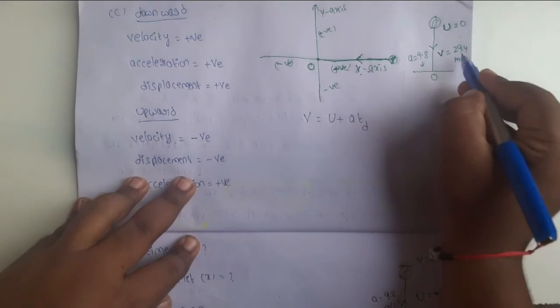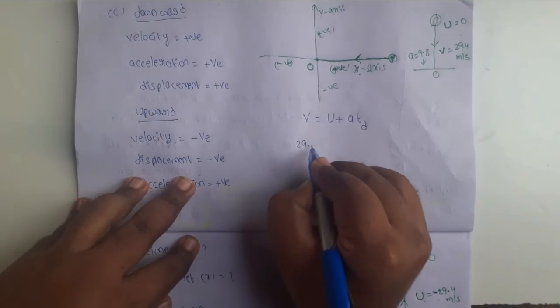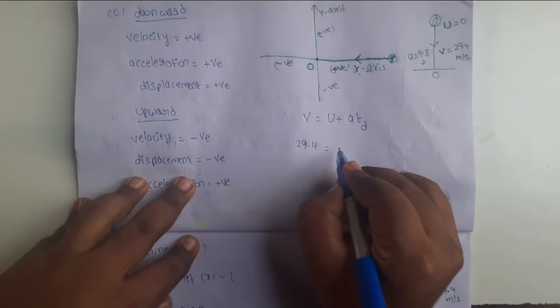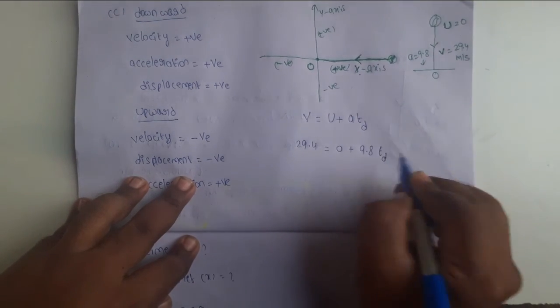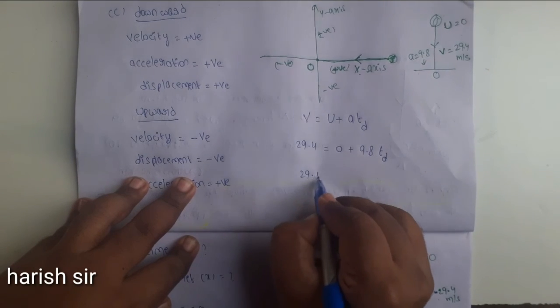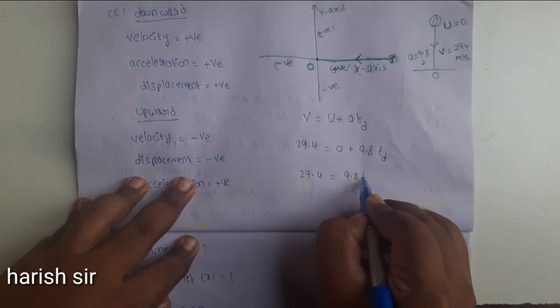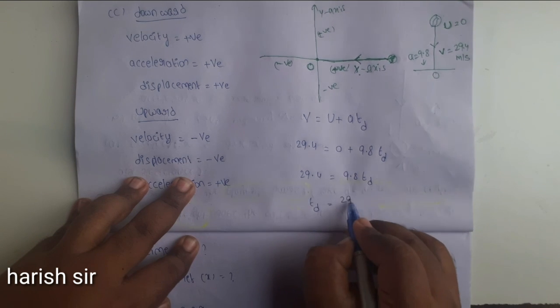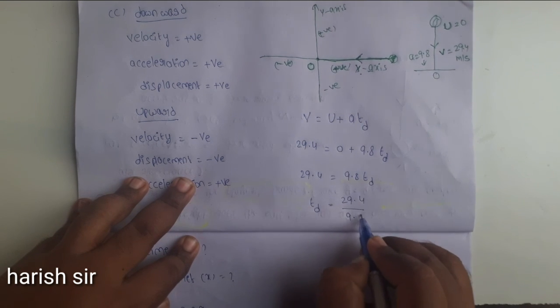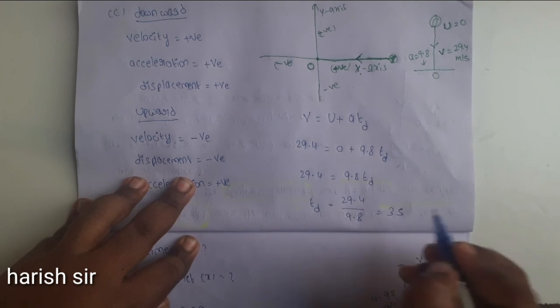So v value is 29.4, u value is 0, acceleration 9.8 into t d. So 29.4 equals 9.8 into t d, so t d equals 29.4 divided by 9.8, which equals 3 seconds.